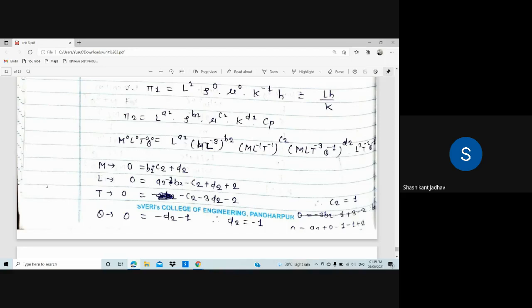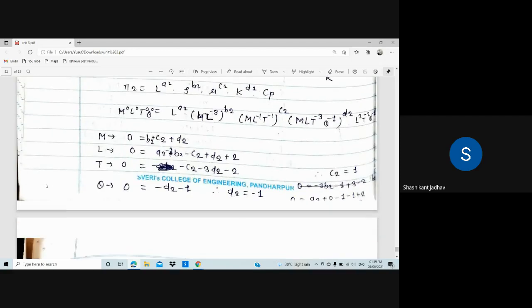Okay, so all of you put the dimensions into this equation and compare the powers on both sides and find out the values of a2, b2, c2 and d2.